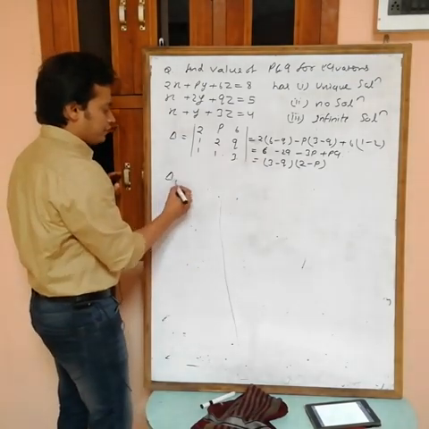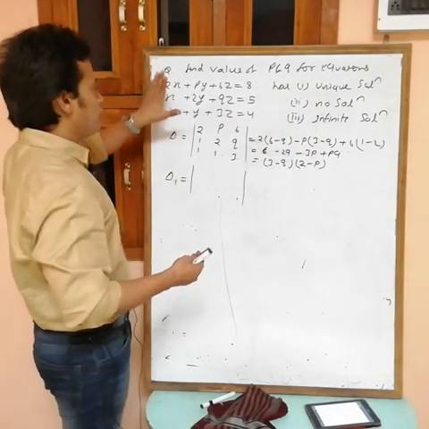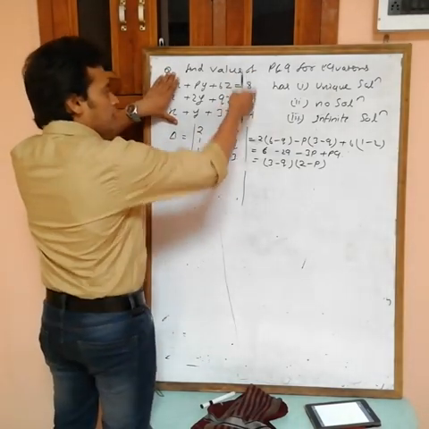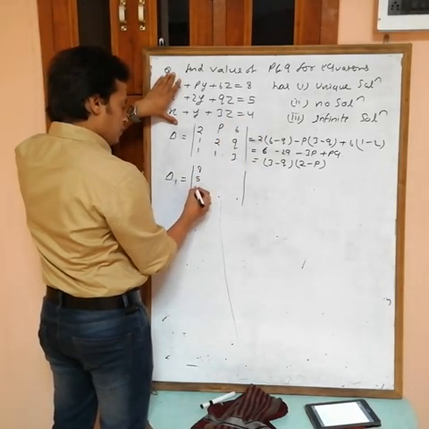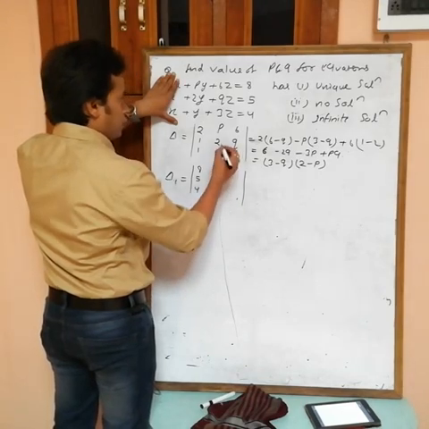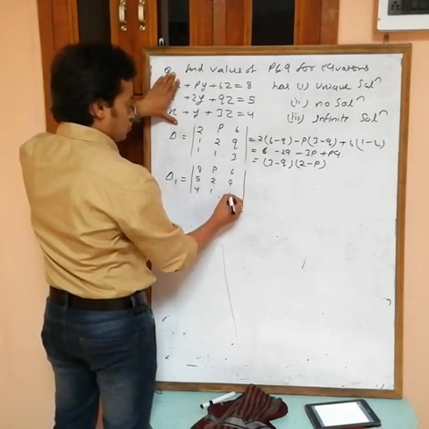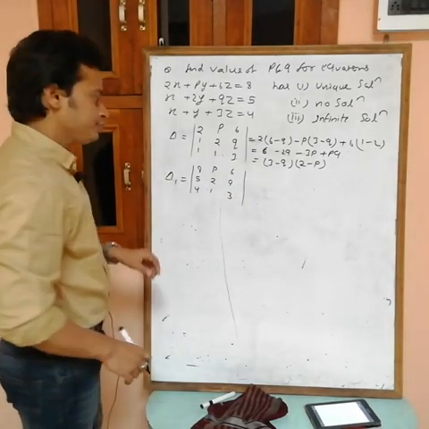Now find the value of del 1. How to get del 1? Del 1 is for x, so in place of the coefficients of x put the constant terms. 8, 5, 4; p, 2, 1; 6, q, 3. Any problem?